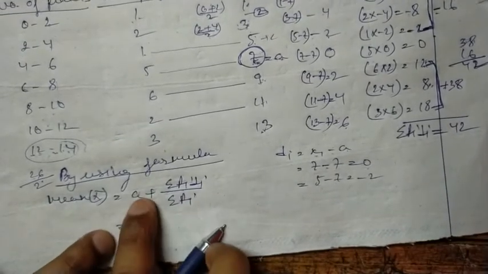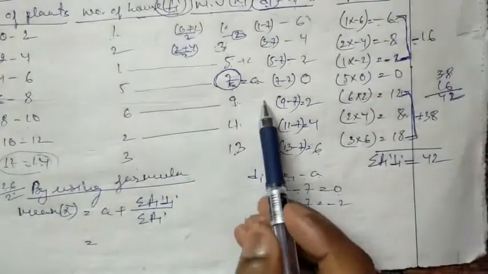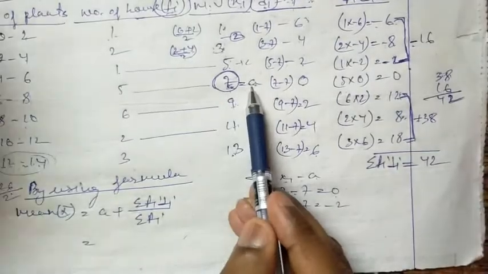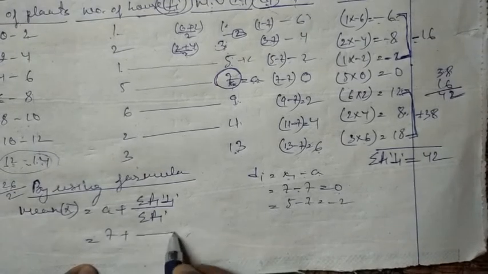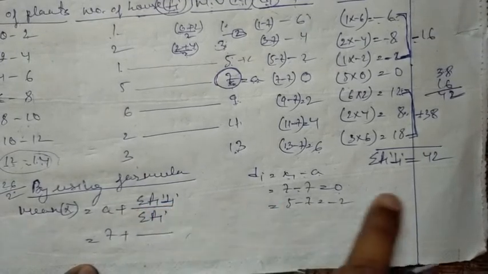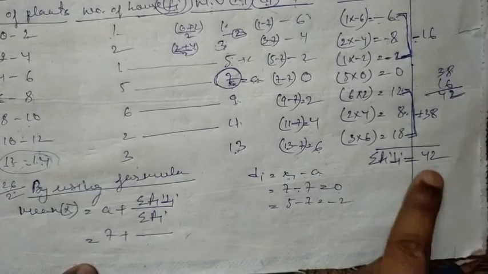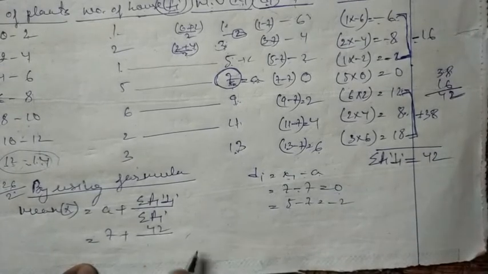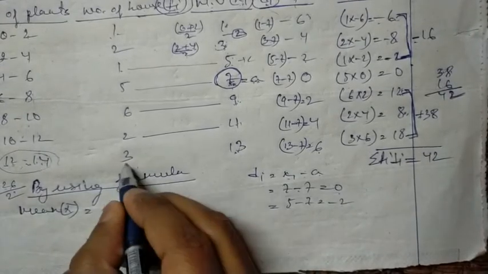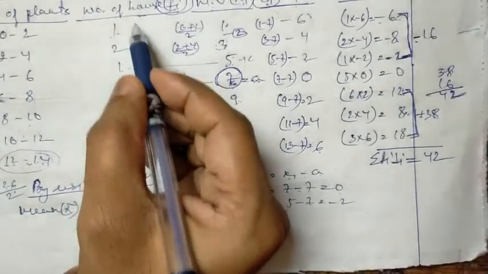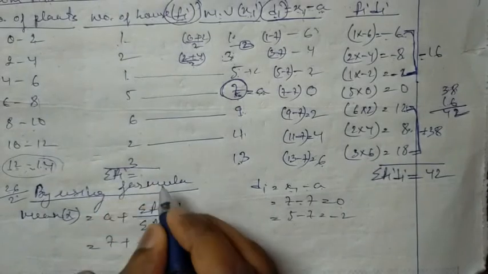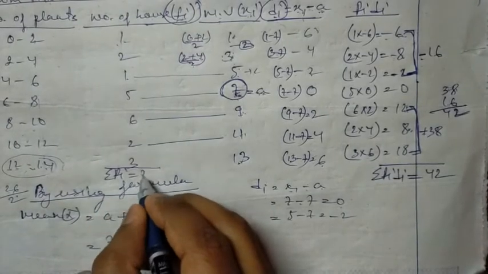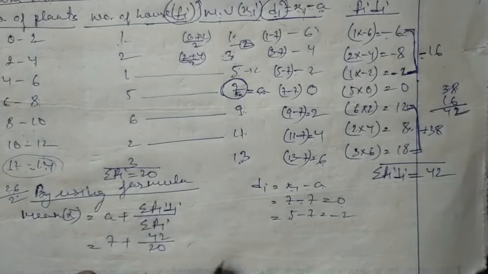What is our a? Assuming a is our 7, so I've written here 7. Again sigma fi di, our value is 22, positive 22, so I've written here positive 22. Again, this is our total. We have to do this total fi, what you call sigma fi, our total is 20. I write here 20, okay.